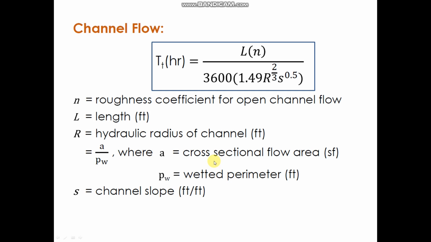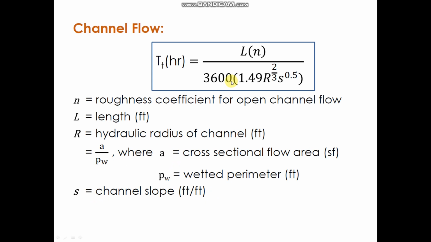This is derived from Manning's empirical equation to calculate the time of travel, where n is the Manning's roughness coefficient for open channel, L is the length of travel, R is the hydraulic radius of the channel, and S is the channel slope.